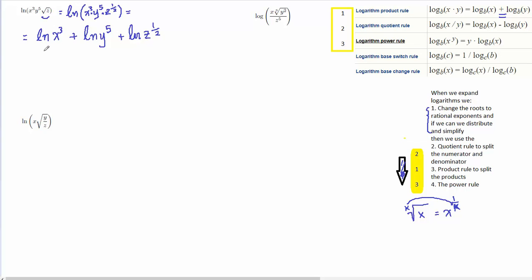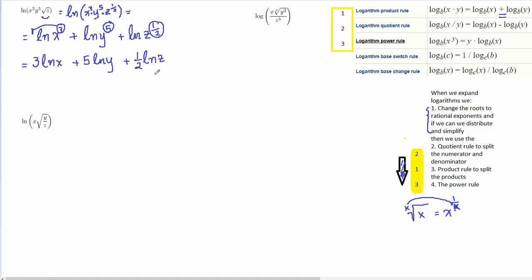I go ahead and work now with the power rule. Obviously, I have quite a few powers: the 3 on the first term, the 5 on the second term, the 1/2 on the third term. I need to bring them down using the power rule. So what I will have now is 3 ln of x plus 5 ln of y plus 1/2 ln of z.